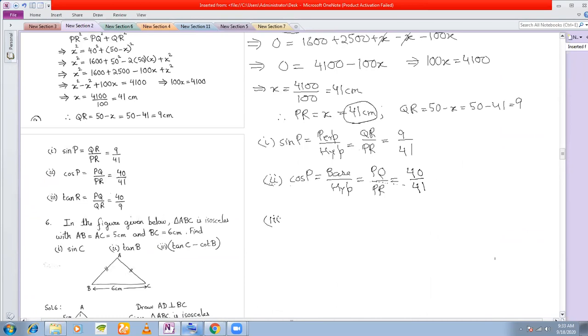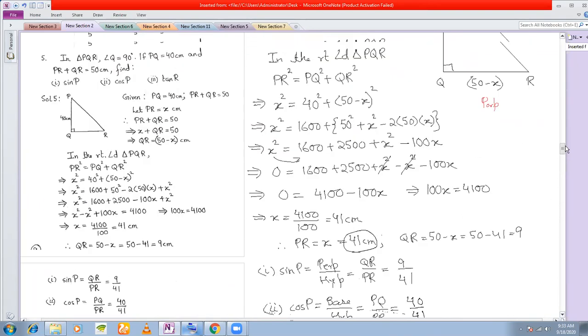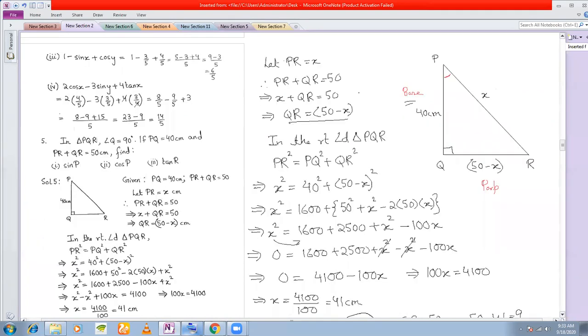And the third question is tan R. Tan R is perpendicular by base. Now this time look at the angle. Here the angle has changed from P to R, so my perpendicular will also change. This time my angle is this green one, so this is not the base. This is the perpendicular, and this becomes my base.